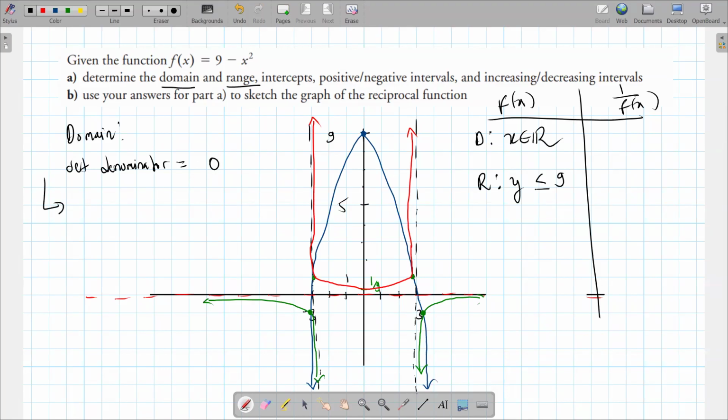And then this will give you the restrictions. So if you do that here, it gives you the x-intercepts, plus minus 3. So that's your domain. X cannot be plus minus 3, okay? What about the range?